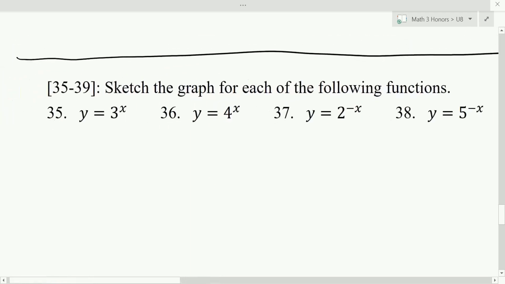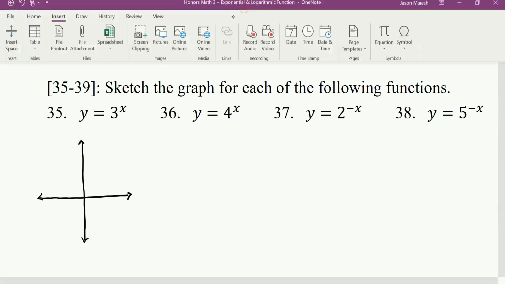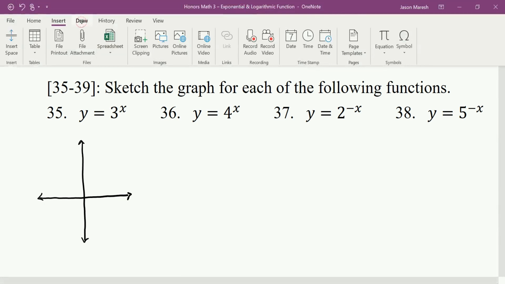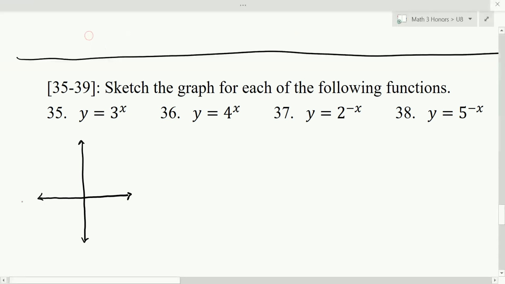But on 35, all your parent graphs, remember, have a horizontal asymptote, which means not going to touch the x-axis. So it's close to the x-axis, not going to touch it. And that's at y equals 0.